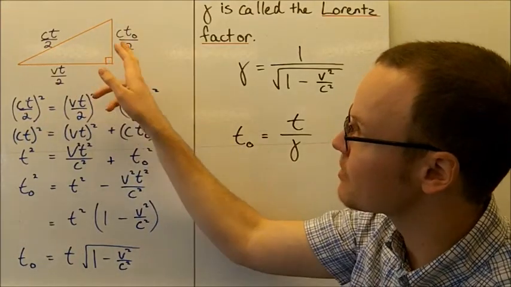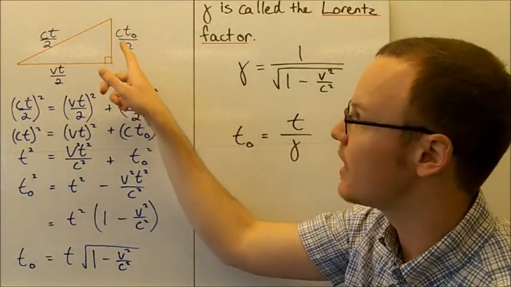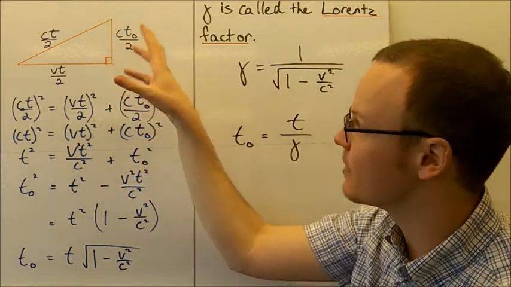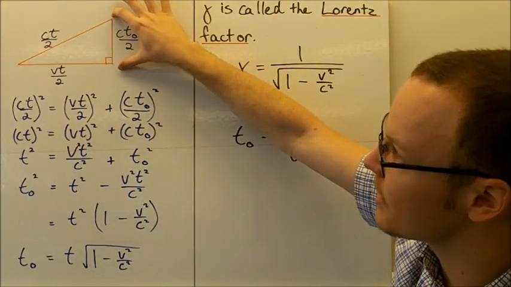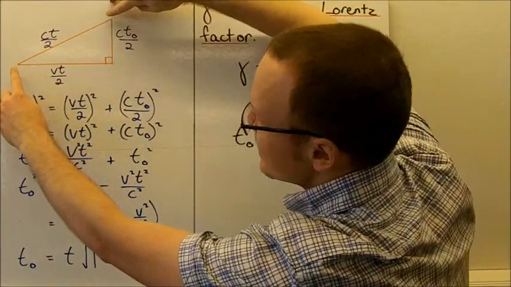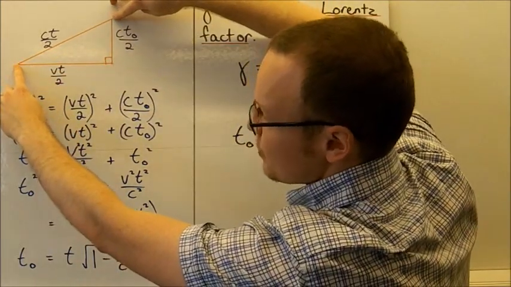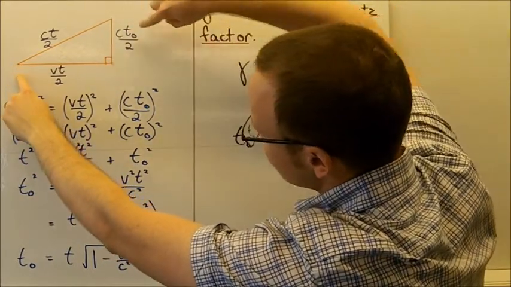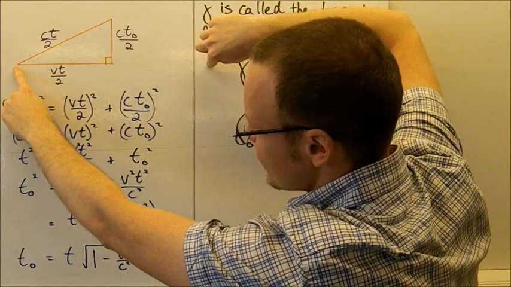So once again, here is that triangle that we had. Here, the distance along here is ct0 over 2. So that's just the speed of light times the time it took to get back, divided by 2 because it's half of that time. Here we've got ct, so this is the distance the light travelled from the outside observer, divided by 2 because it was then coming back down here to be detected by the detector.